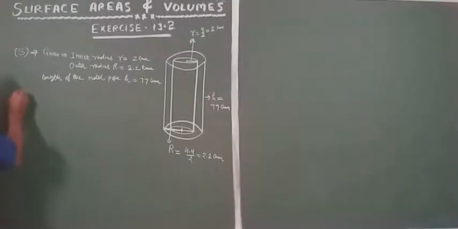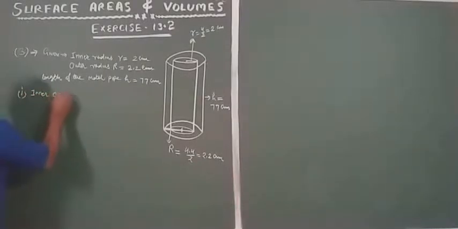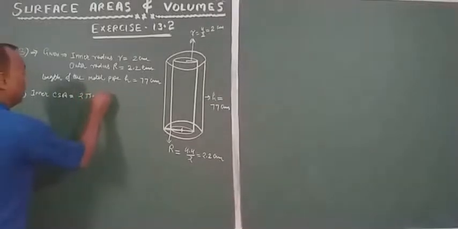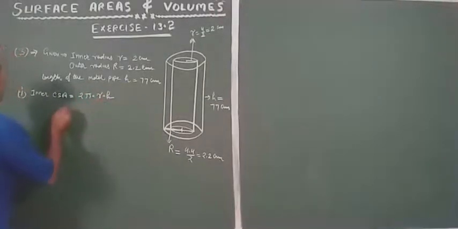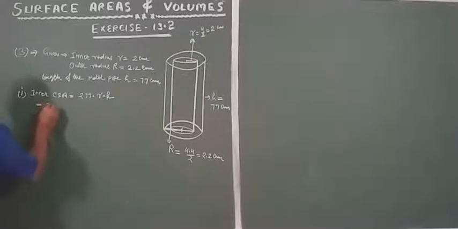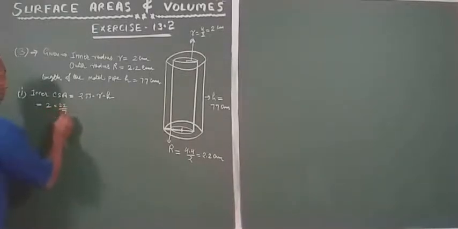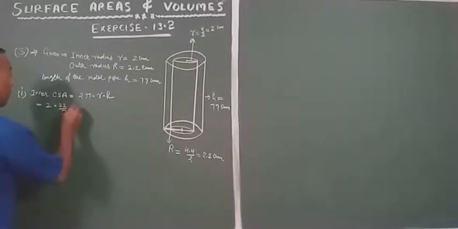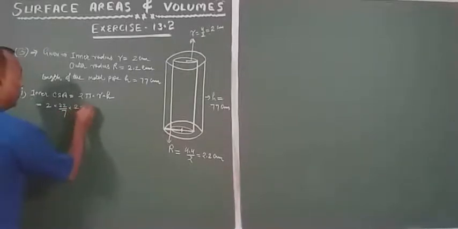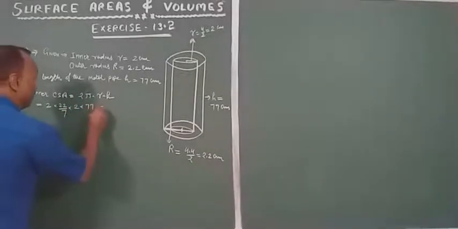The inner curved surface area will be 2 pi into small r into h. Is pi mentioned in this question? No. So this will be 2 into 22 upon 7, r is 2 and height is 77.